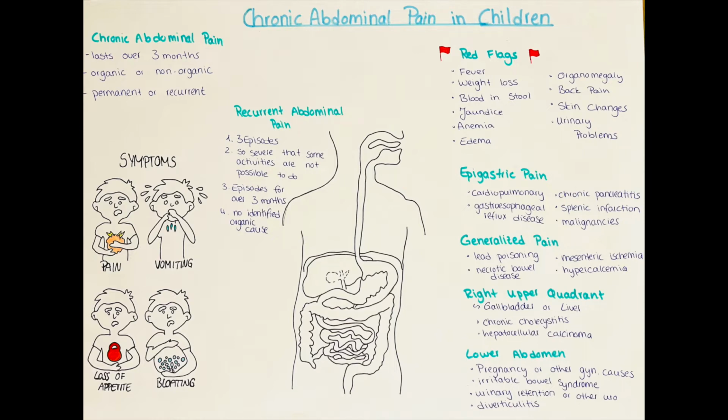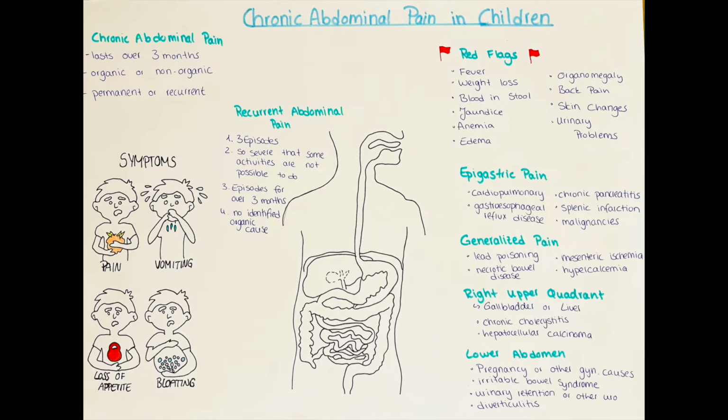Chronic abdominal pain can be organic or non-organic. Non-organic pain refers to any pain without the evidence of anatomic, inflammatory, metabolic, or neoplastic abnormalities. Recurrent abdominal pain, which is part of chronic abdominal pain, is defined by 4 criteria.